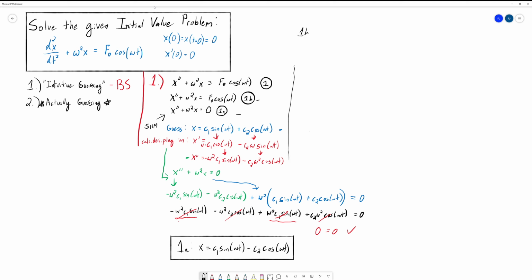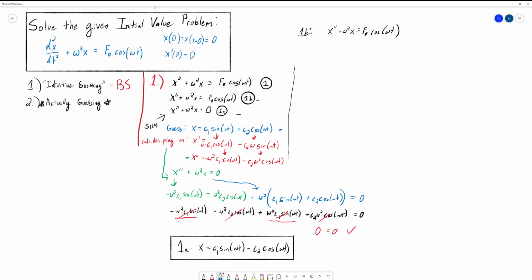So for 1b, now we're going to try and solve for the second derivative of x plus omega squared x equals f naught cosine of omega t. Well, I am going to take one bad guess here.